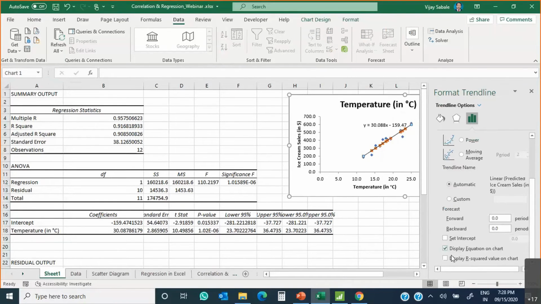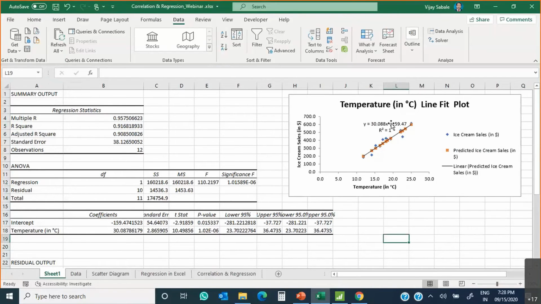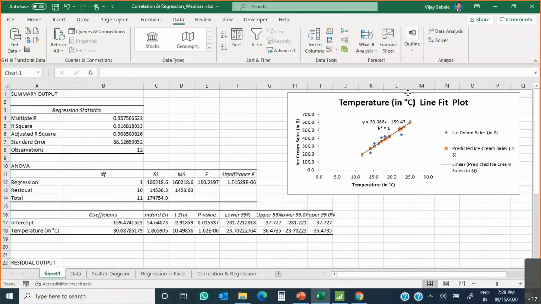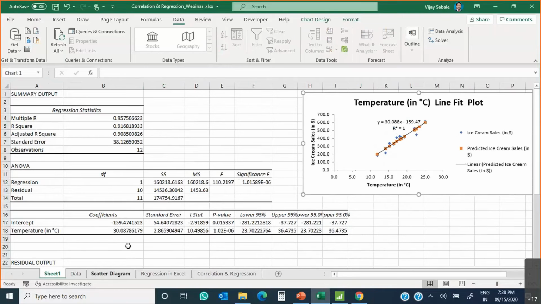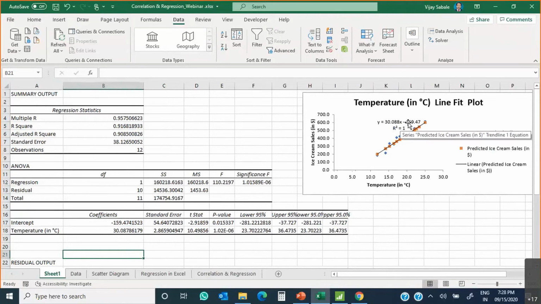If you want to display the equation and R square value there, we can see it. So you will see the relationship value and the equation. Similarly, if you go to the theoretical output, you can see the intercept. It is given as minus 59.470, so that is B0. The same value is coming here, minus 59.47.